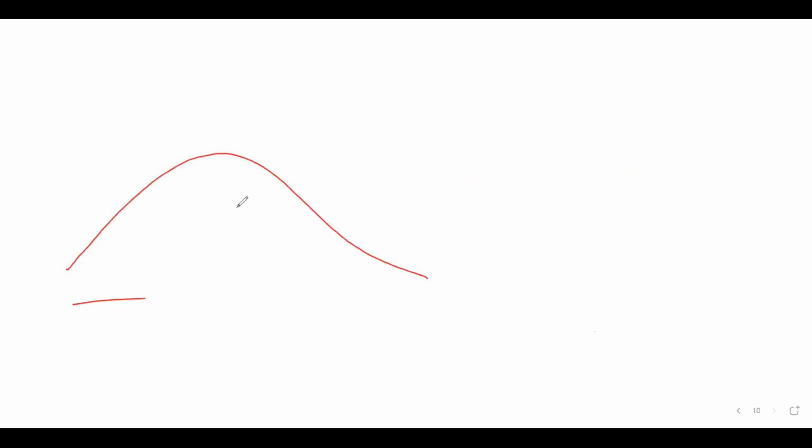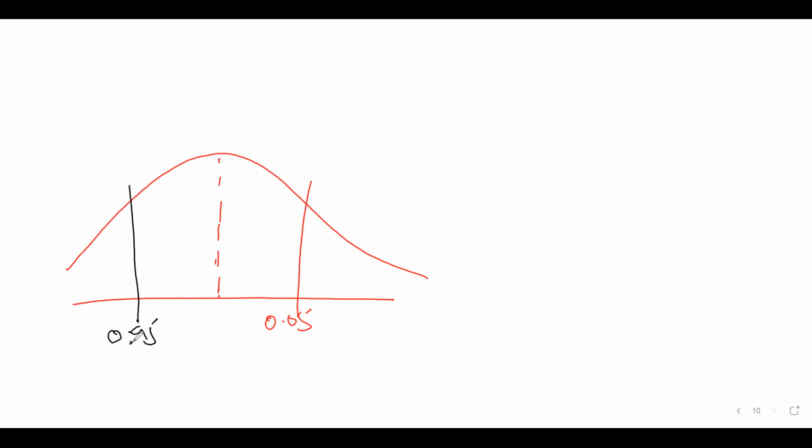If you want to read 0.05 on the right-hand side, this is how we read it. But if you want to read 0.05 on the left-hand side, you rather read 0.95. It's like a mirror.